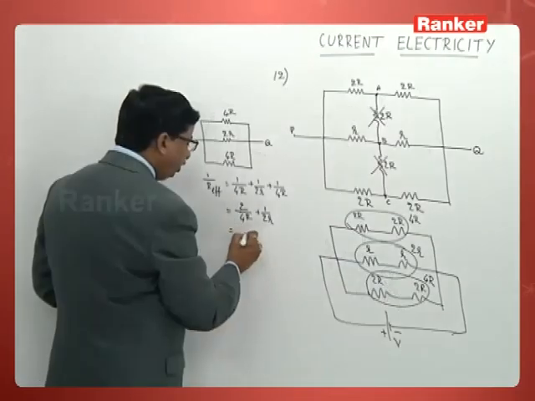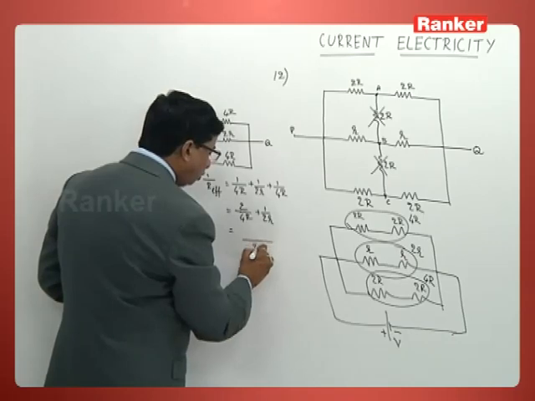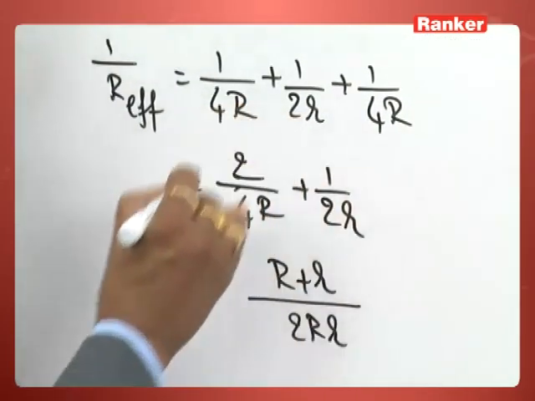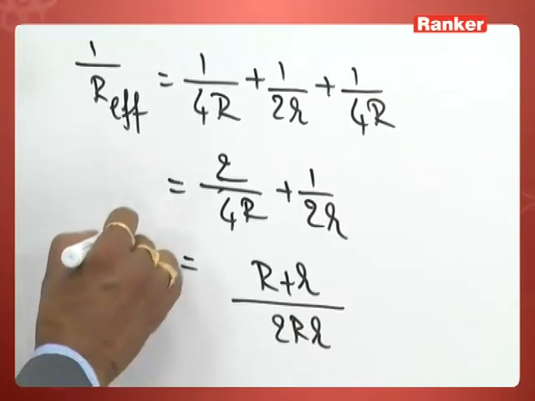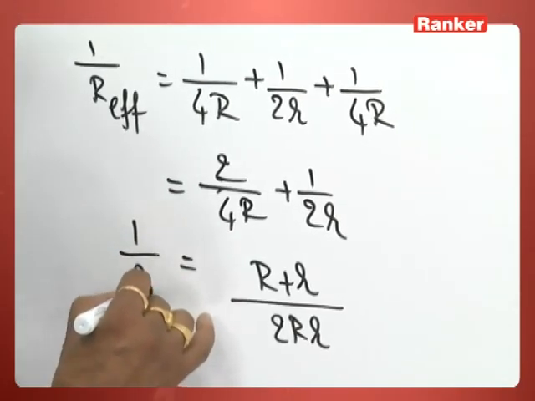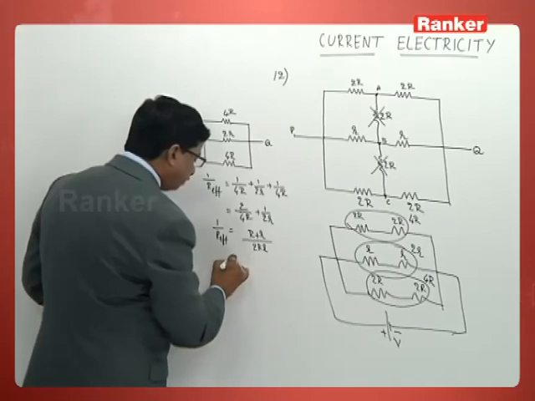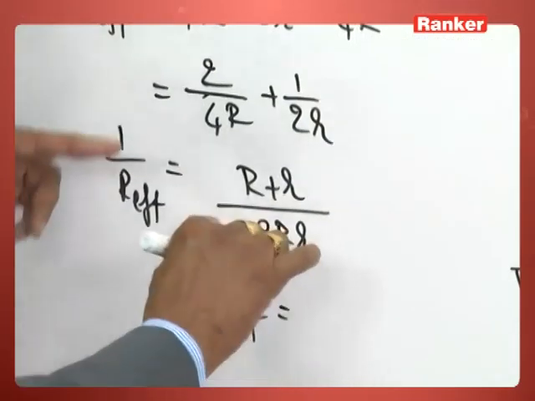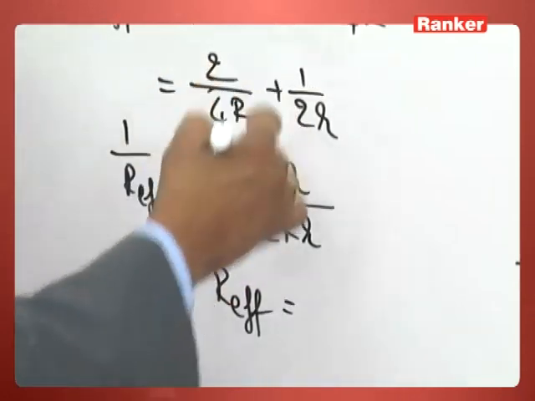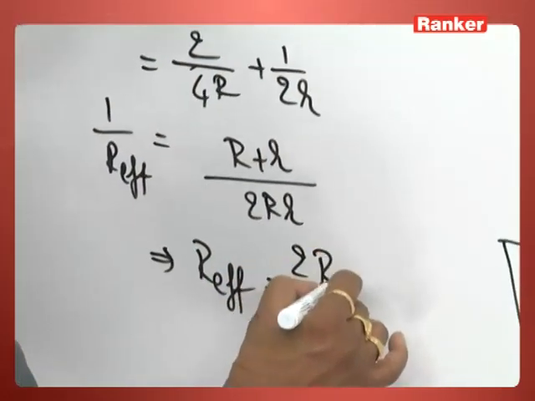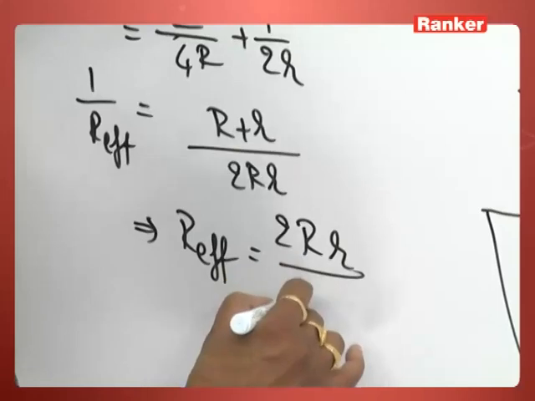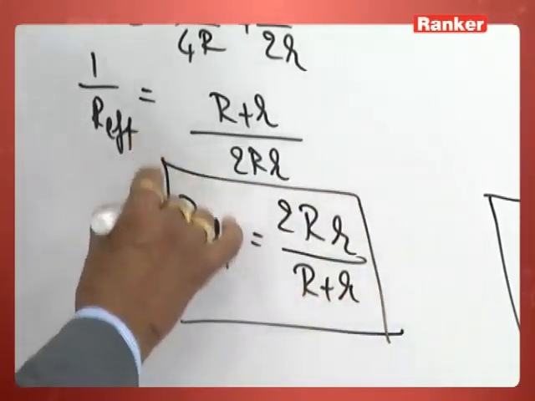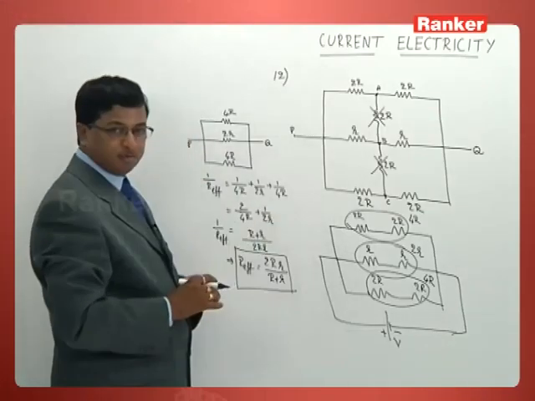This can be rewritten as 2 capital R small r in the numerator over capital R plus small r. That is equivalent to 1 by effective resistance. Then the effective resistance is the reciprocal, 2Rr by R plus r. That must be the correct option for this question.